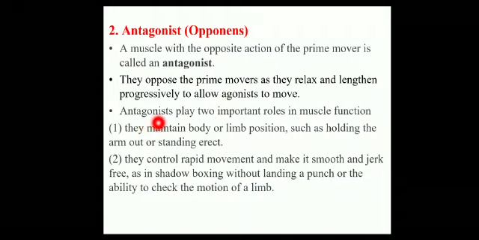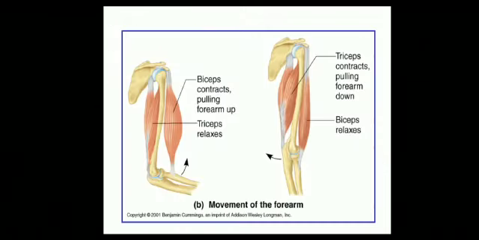So what is the function of antagonist? They maintain body or limb position, such as holding the arm out or standing erect. They control rapid movement and make it smooth and jerk free, as in shadow boxing, without landing a punch, or the ability to check the motion of a limb.